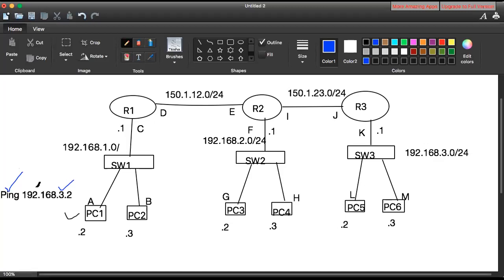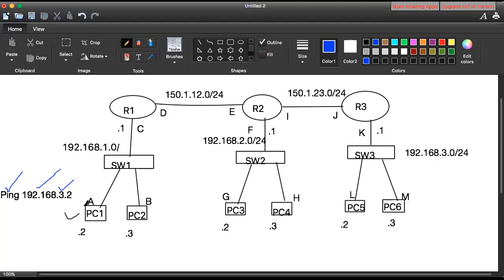This is a numeric value, and the PC doesn't understand numeric values. It is going to convert this into binary, and then see whether this 3.2 is in my network or outside of the network, right?